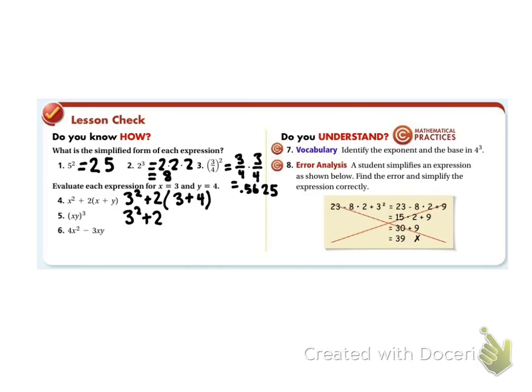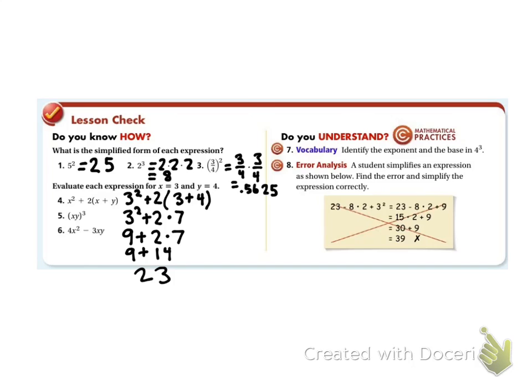And 3 plus 4 is 7. So this turns into times 7. Now I have an exponent, so 3 squared is 9. I need to do multiplication next, so I have 9 plus 14. And then I just have addition left, and 9 plus 14 is 23. So my answer is 23.